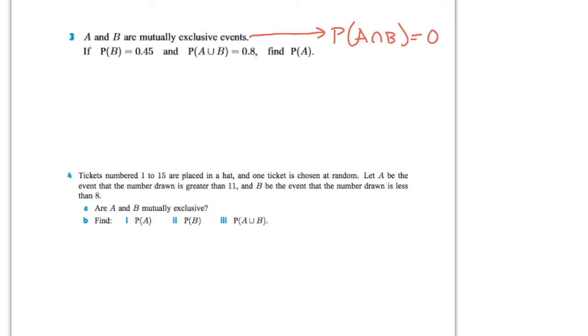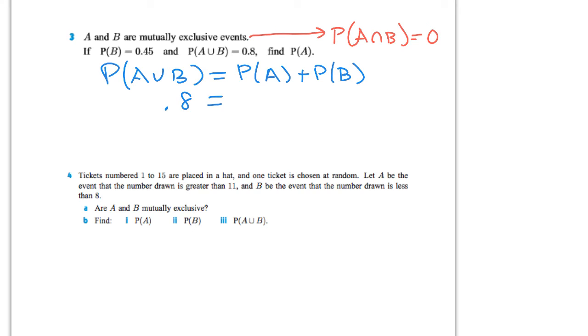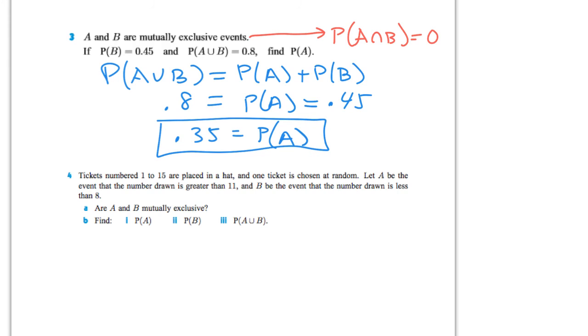So now, if I use the addition law again, I know I'm supposed to use the special case that the probability of A union B is P of A plus P of B, because there's nothing to minus off if the intersection is 0. So let's plug in what we know, 0.8 for that. This is missing, 0.45 for this, so 0.35 equals P of A. Very straightforward there again.